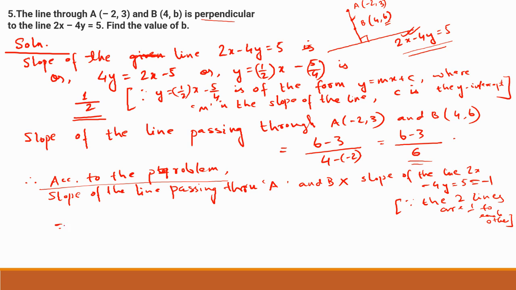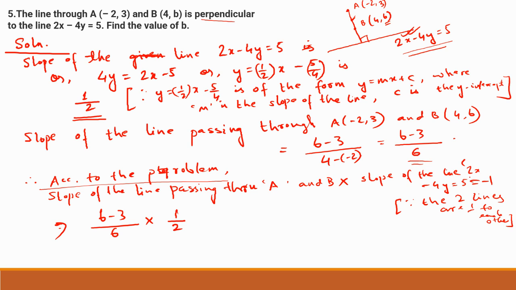Alright. So what is the slope of the line passing through A and B? This is b minus 3 divided by 6. What is the slope of the line 2x minus 4y equals 5? That we got as half.